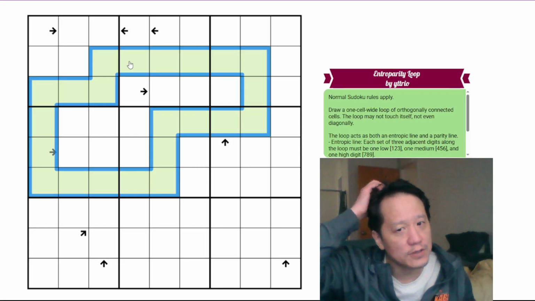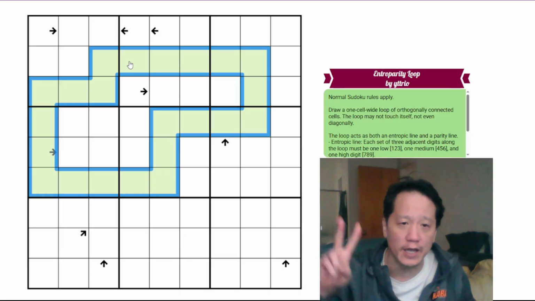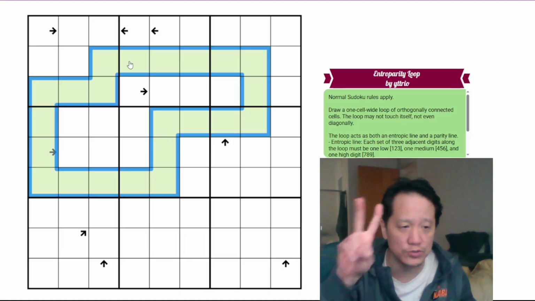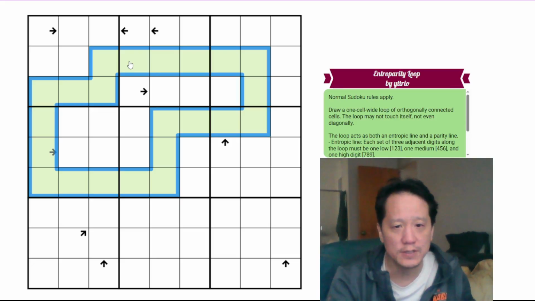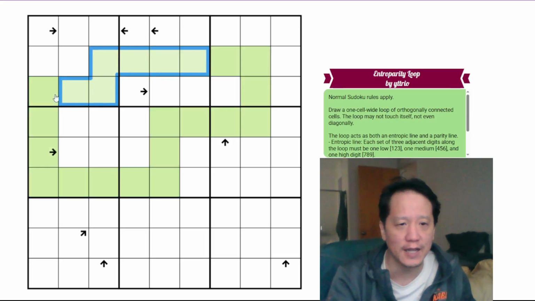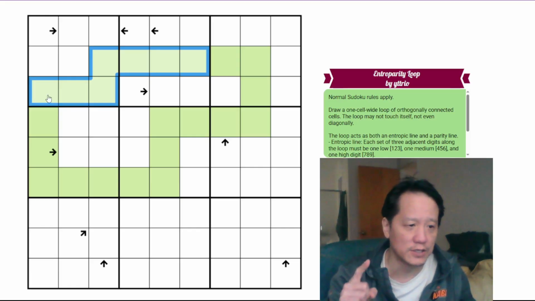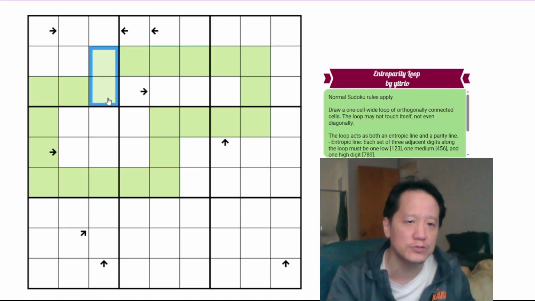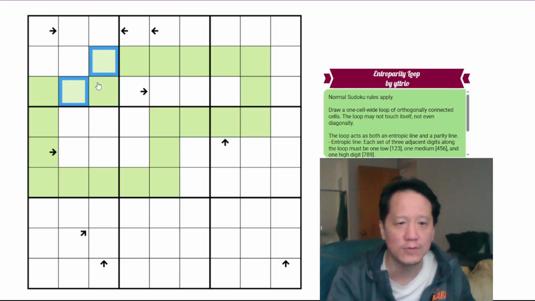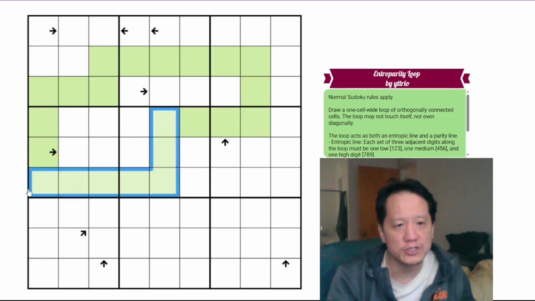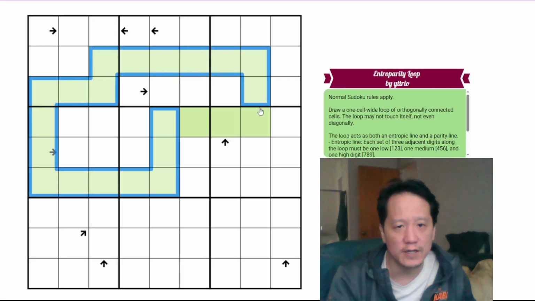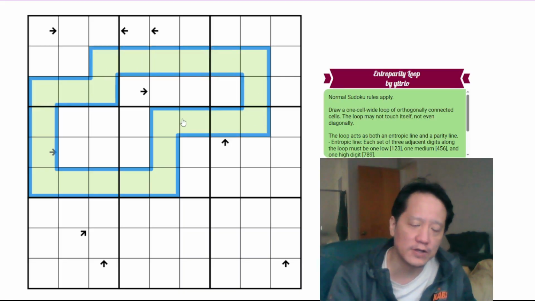Everything on the loop must share an edge with exactly 2 other cells on the loop. If it shares a corner with another cell in the loop, they must be neighbors or they must share a neighbor. These both share a neighbor here, so this is an example of a loop that is valid.